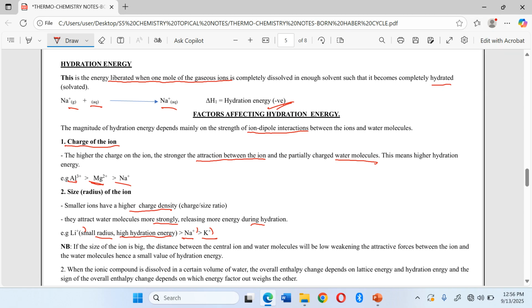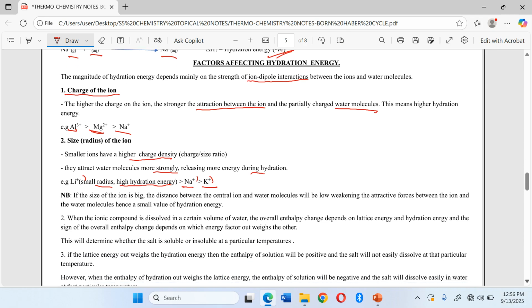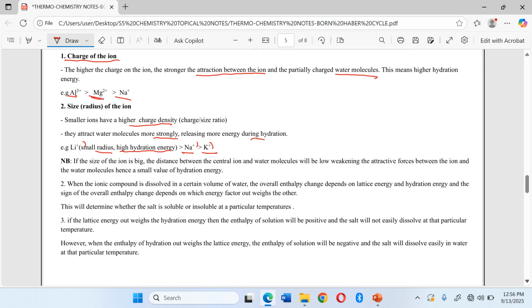Lithium being smaller than sodium, the attraction becomes higher, and therefore to break them they will require much energy. So that's why it is being affected in that manner.